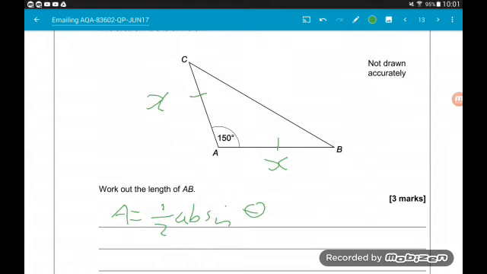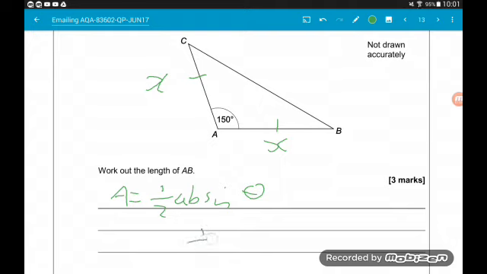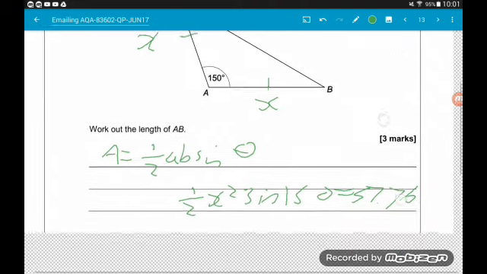So if we put our stuff in here, we're going to get 1/2 x squared times sine 150. Then we know that that is equal to 57.76.